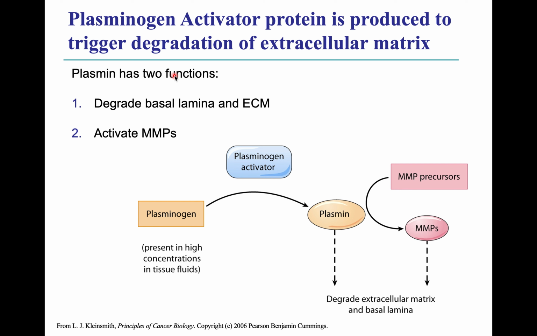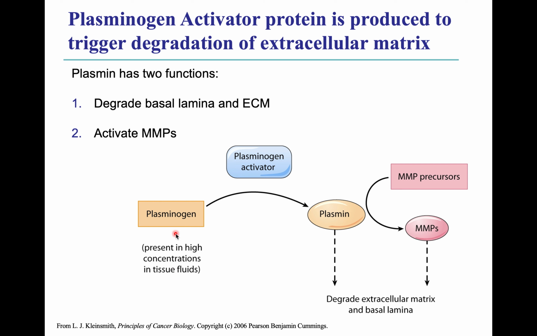And so a lot of this activity is tied in with this protein called plasminogen activator, which gets produced. What plasminogen activator will do, as its name implies, is activate plasminogen, which is almost always present in high concentrations in most tissues and fluids in the human body.